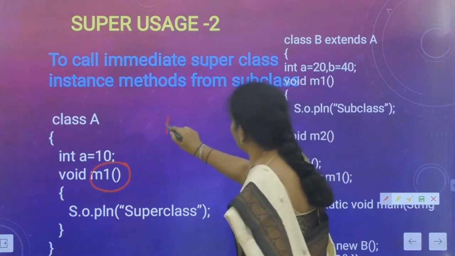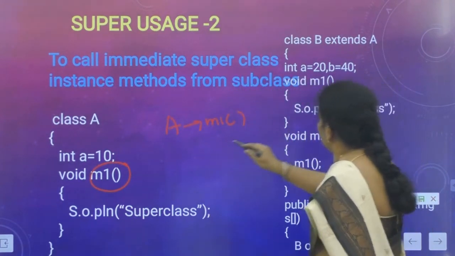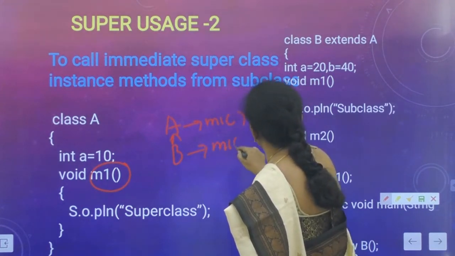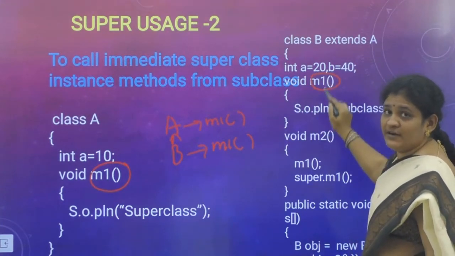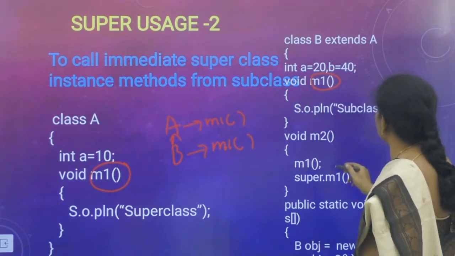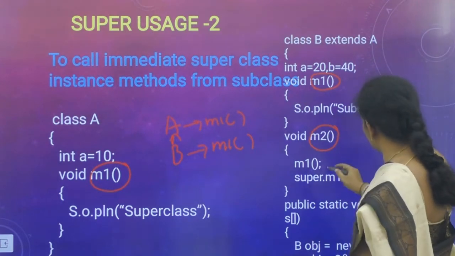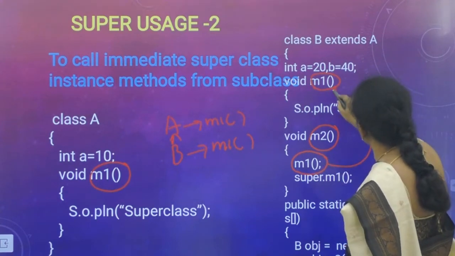A is having the M1 method, and class B is extending class A, and class B is also having M1. If you observe here, M1 has been overridden in class B. And inside class B, we do have one more method called M2. Inside M2, if I try to call M1, what does this mean? This M1 refers to this M1.